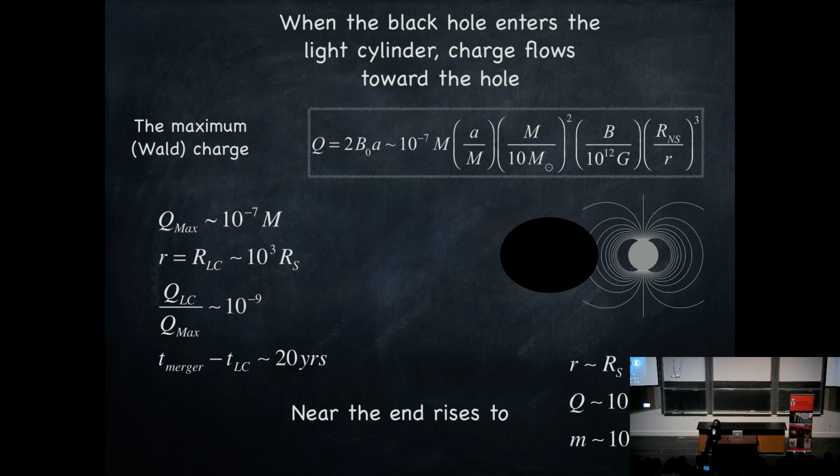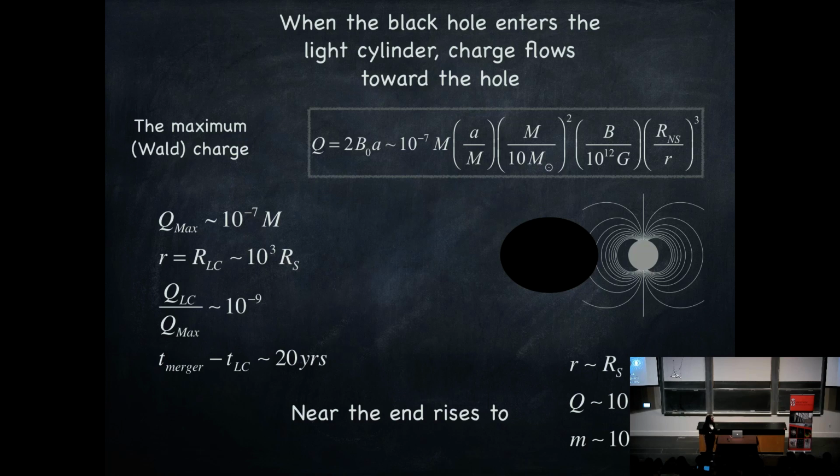And what that tells us is that we can use the space-time metric of a spinning black hole without worrying about adding charge as part of the deformation of the space-time, because it's still small compared to maximum. And so as it enters the light cylinder, which is about 10 to the 3 Schwarzschild radii, the charge is 1 billion times smaller than maximal.